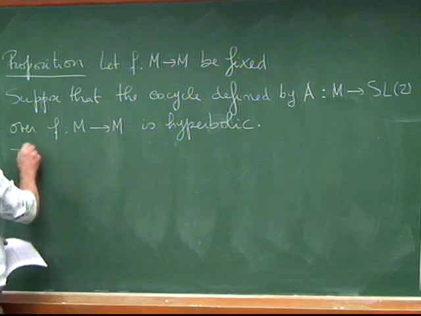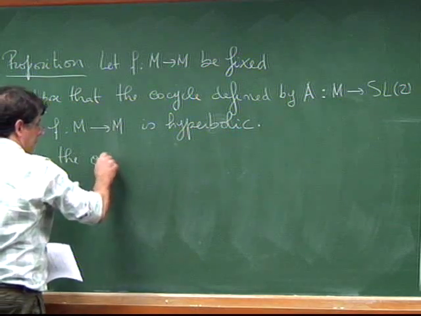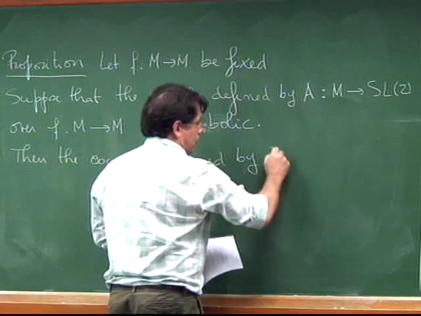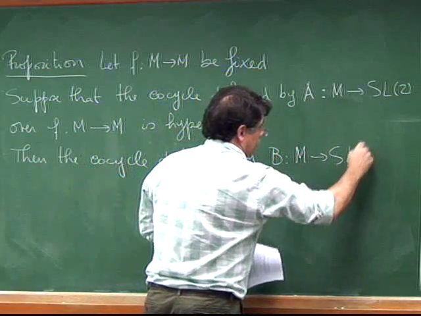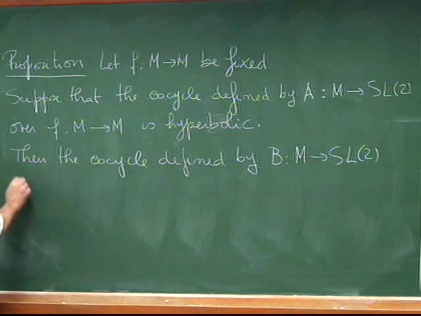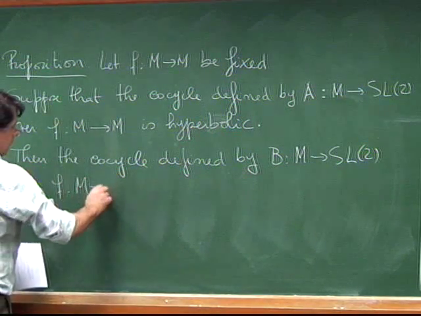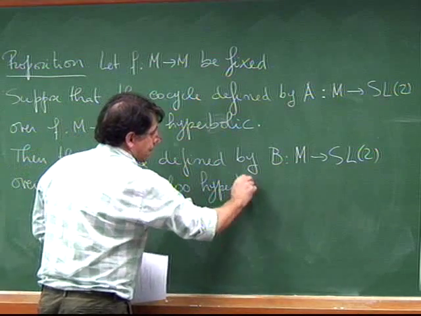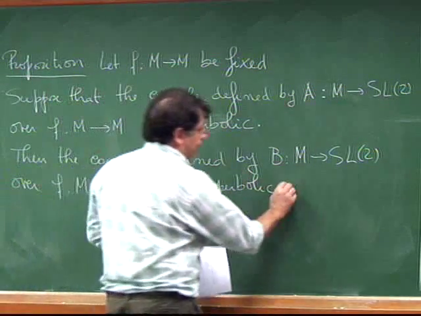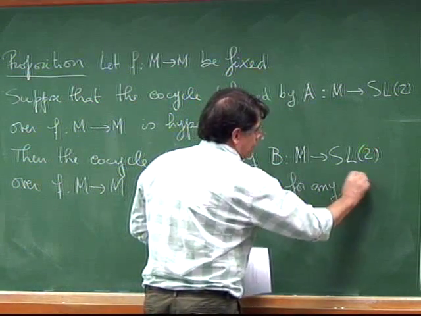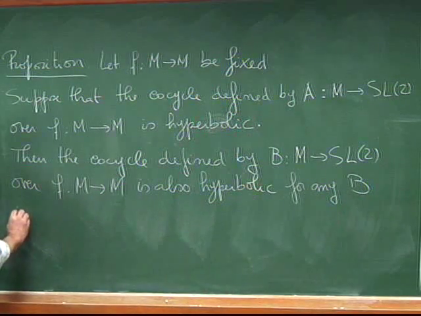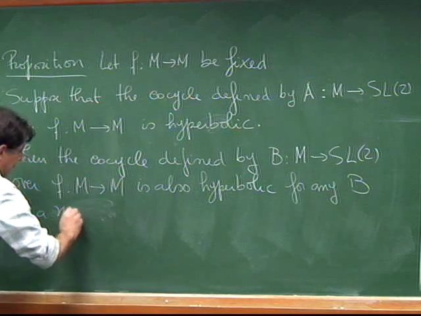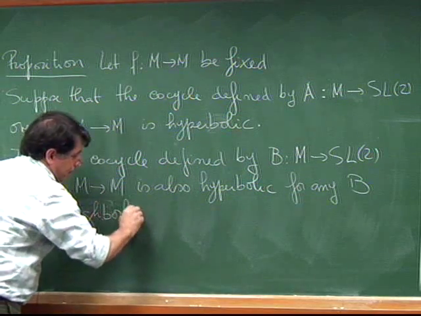Then the cocycle defined by B over F is also hyperbolic, for any B in a small neighborhood of A.